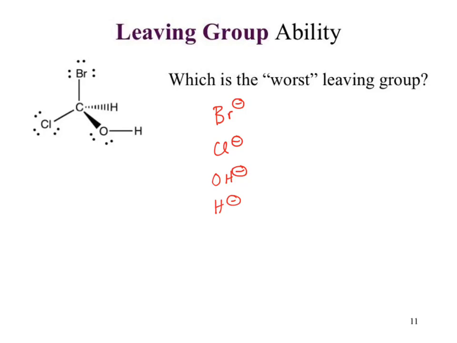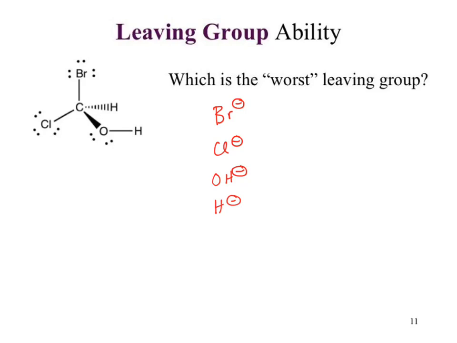Hydrogen, oxygen, chlorine, bromine. What is our first difference between all of those? Size. Hydrogen is the smallest element on our periodic table, which means how stable is it going to be with a negative charge? Incredibly unstable. Which means it's the worst leaving group. It cannot stabilize that negative charge.